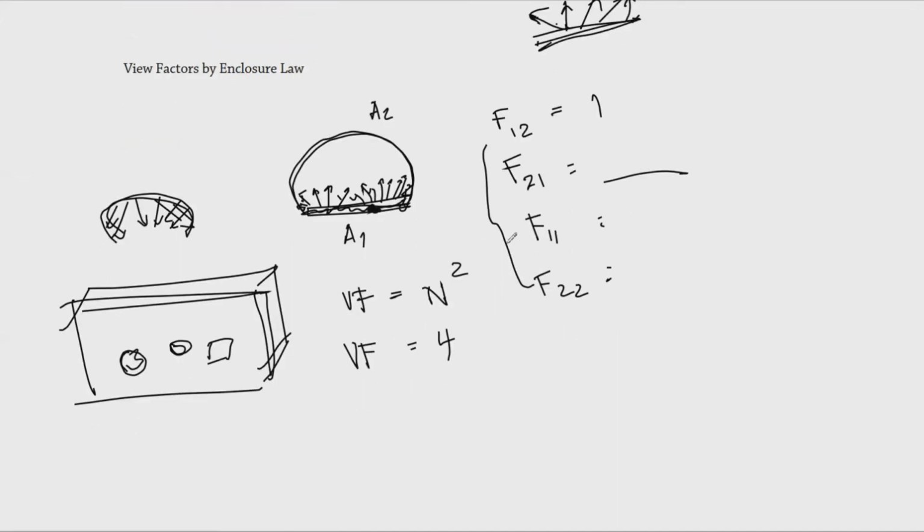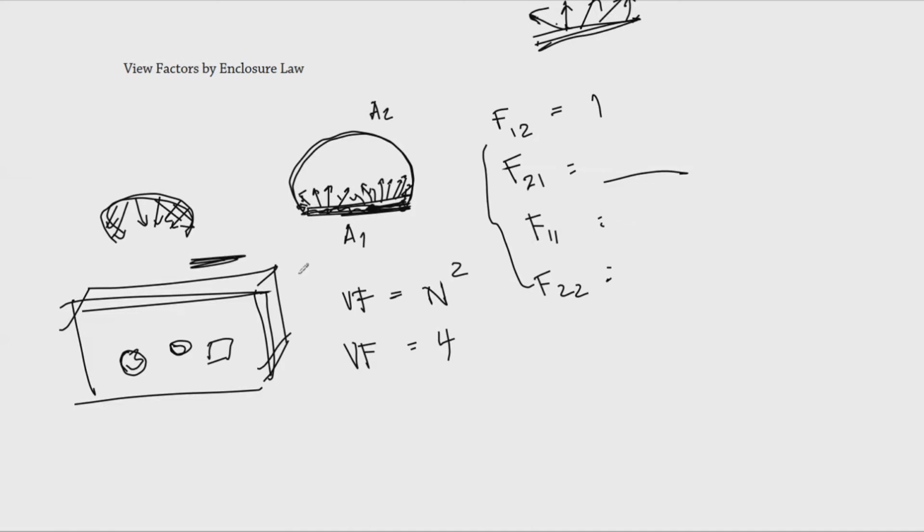And when we talk about this F11, that means that we're trying to find the view factor between area 1 and area 1. So that's how the surface or this plane sees itself. Can you actually see yourself if you're just a flat plate?